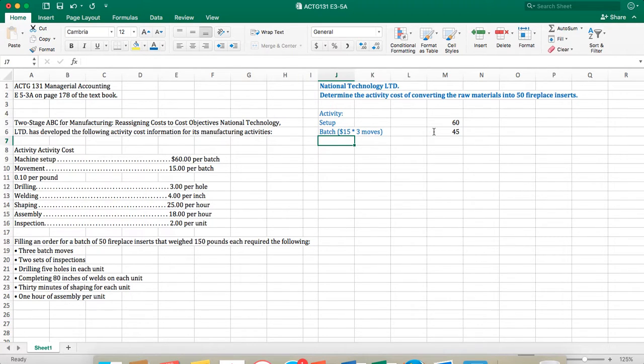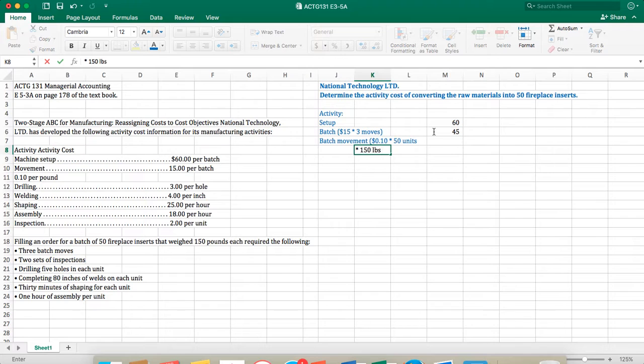All right, so we have our setup, we have our batch. Let's put in our batch weight or batch movement. So here's how we're going to calculate it. 10 cents multiplied by 50 units. I'm going to continue it over here. Multiplied by 150 pounds. I'll use LBS.